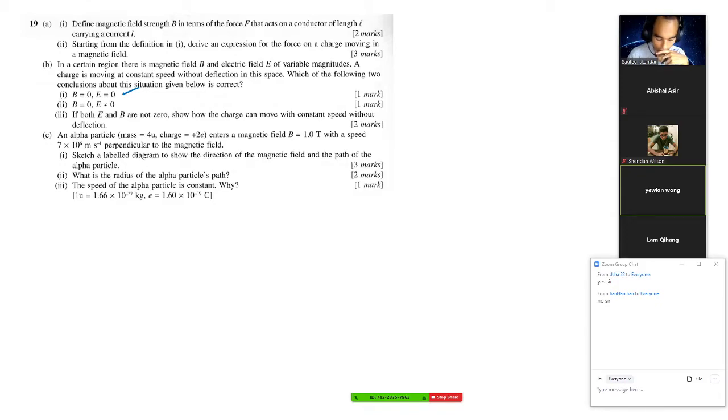No forces acting on the electron. No resultant force acting on the electron. Is that true? No forces acting means that either B or E is 0, both are 0. Which of them is correct?